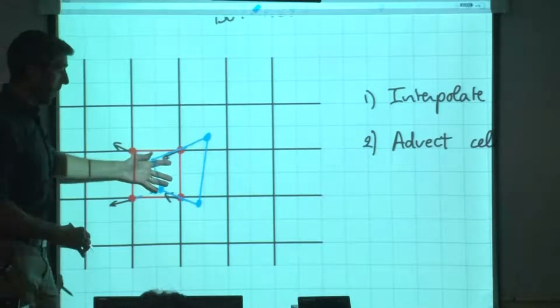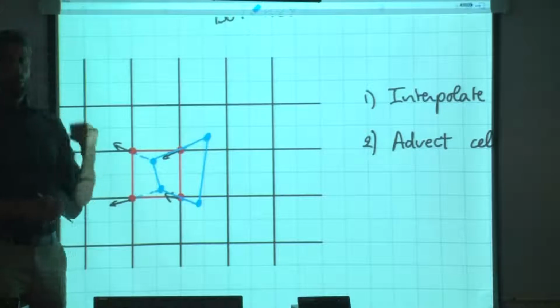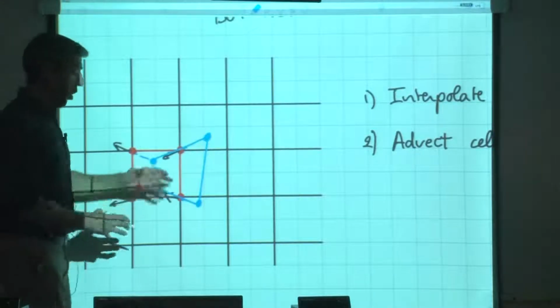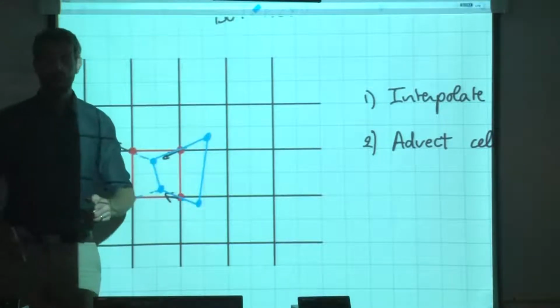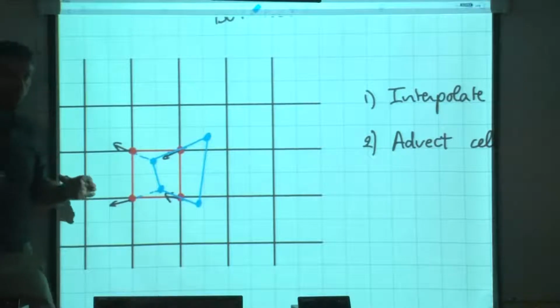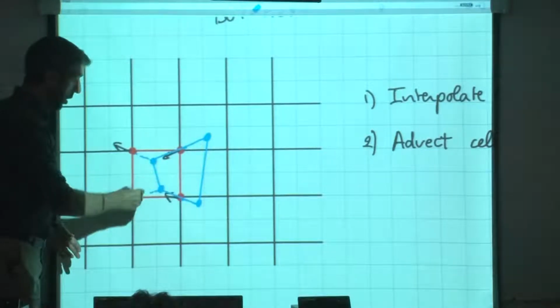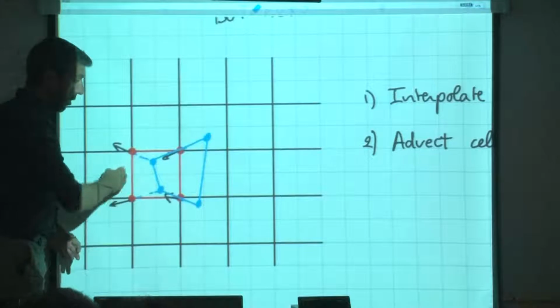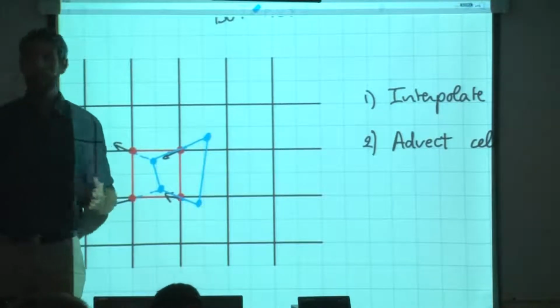Okay, so I'm basically saying from a purely semi-Lagrangian perspective, all the fluid in that blue cell is what over my time step evolves until it becomes that red cell at my new time.